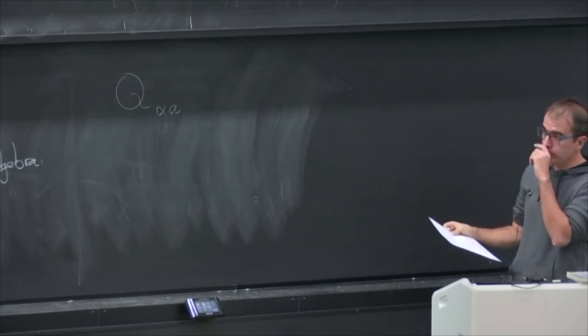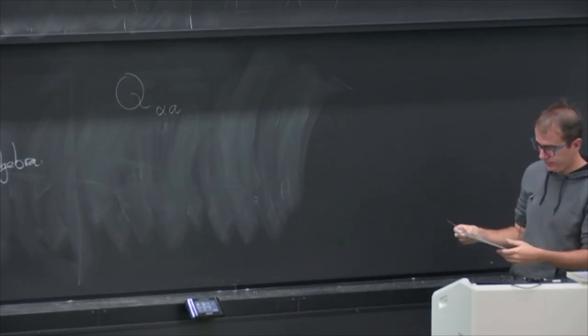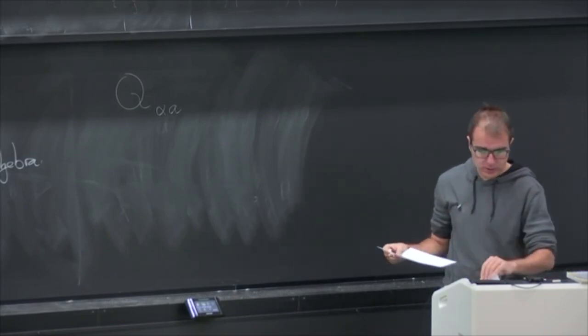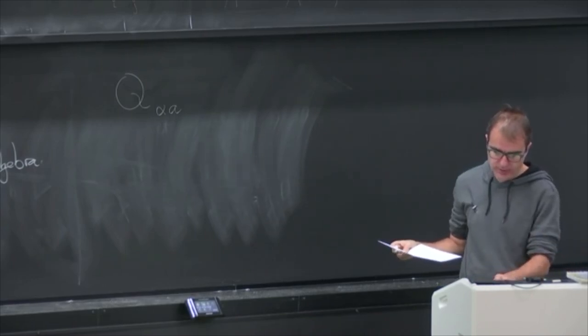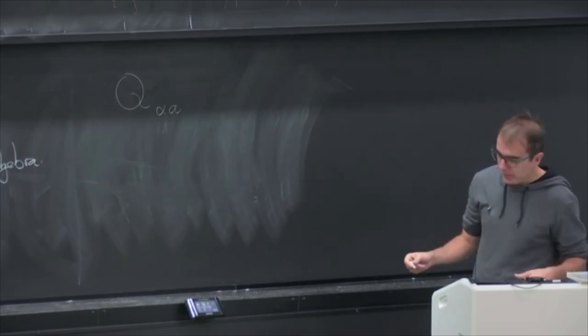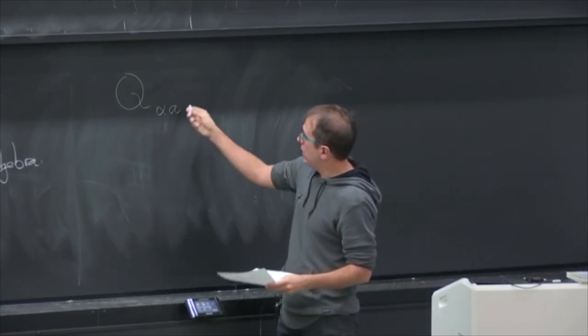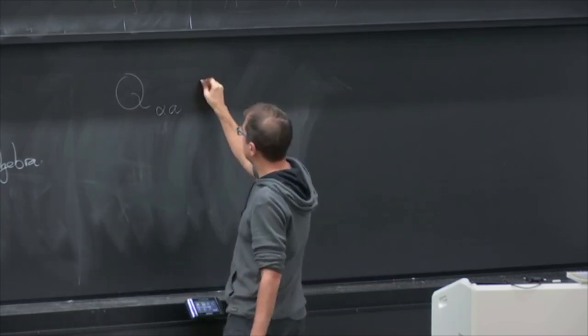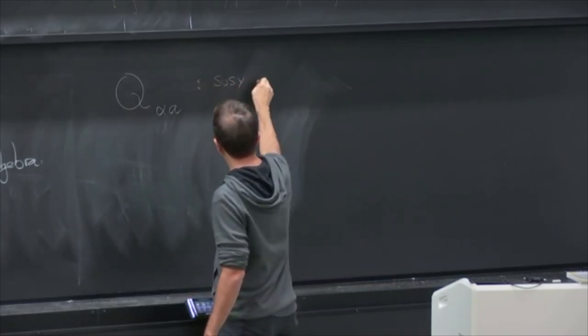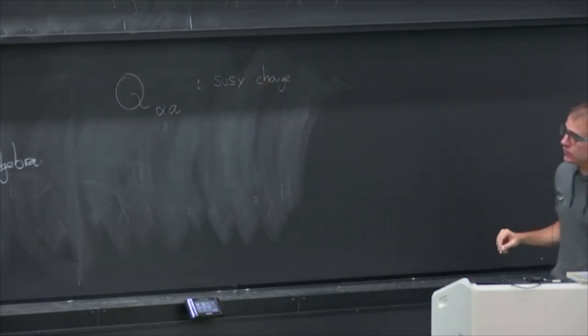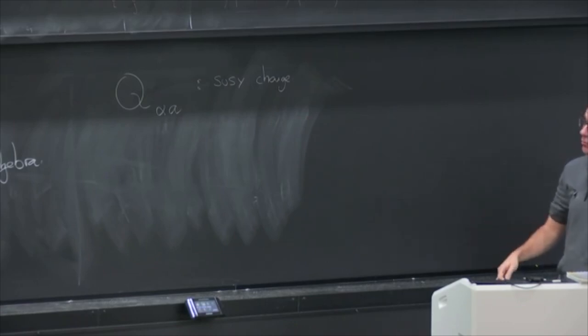This is what's called a SUSY charge, or a superconformal operator. And it will transform bosons into fermions and fermions into bosons, like the transformation of N equals 1 that I wrote above. And I'm going to write explicitly its action in a little bit.